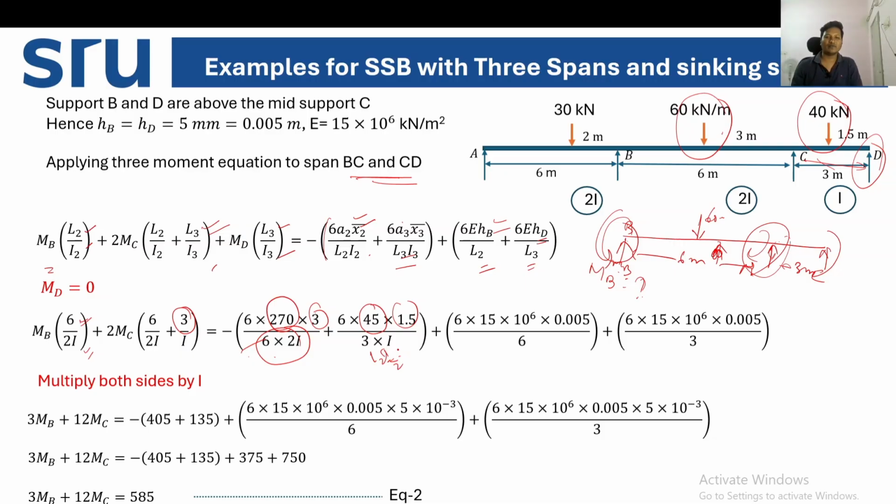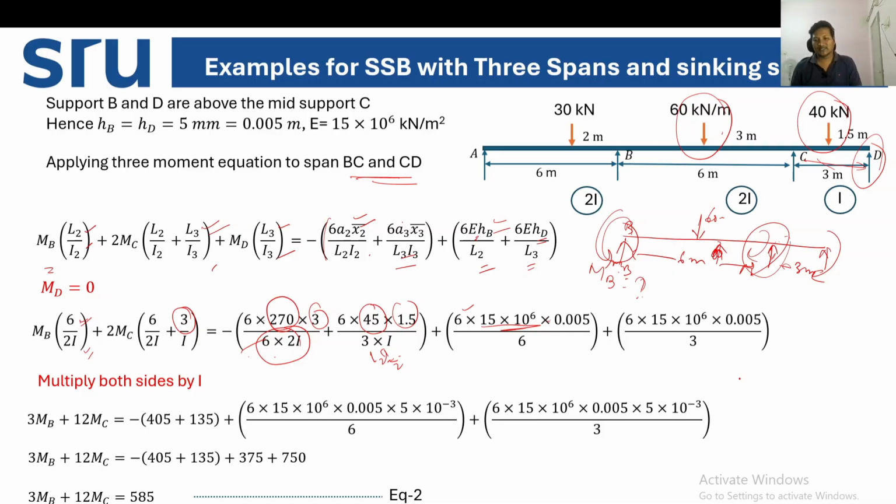So these are the values we have applied in the formula, plus 6 into E value, 15 into 10 to the power 6, into HB. HB here we have written as positive, 0.005.